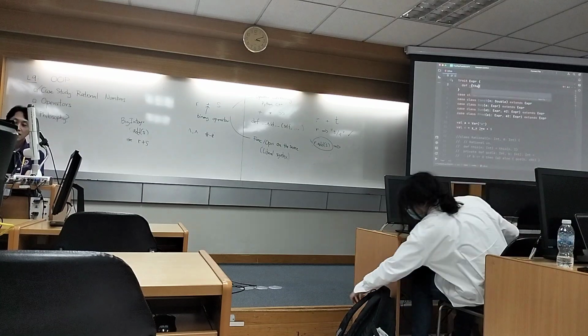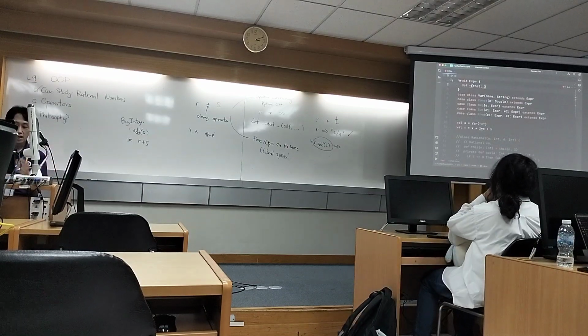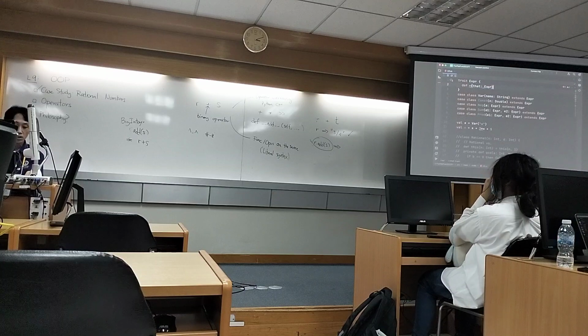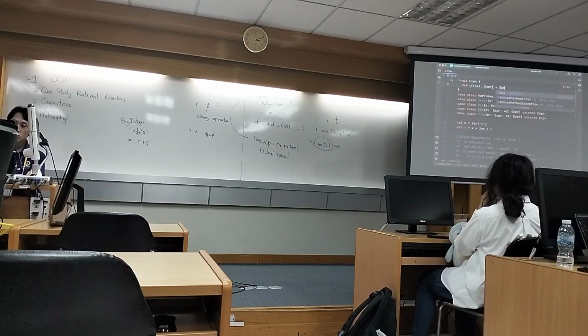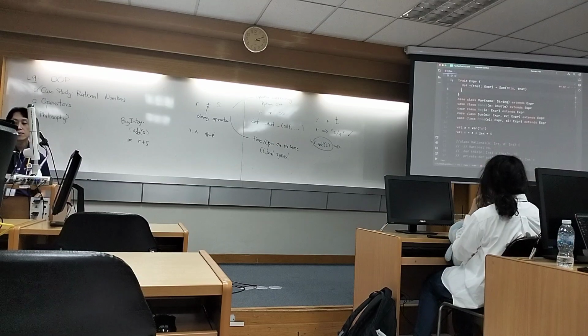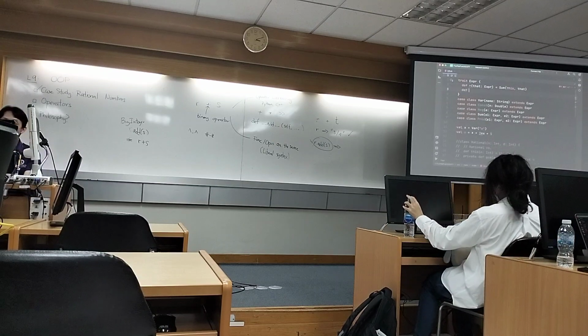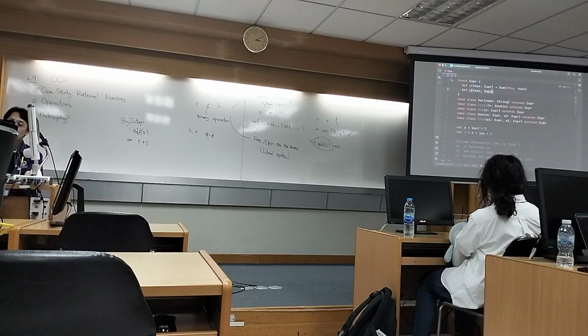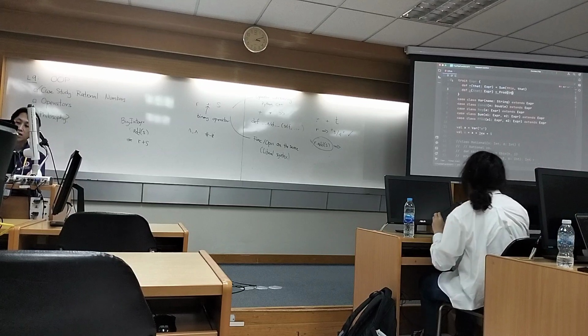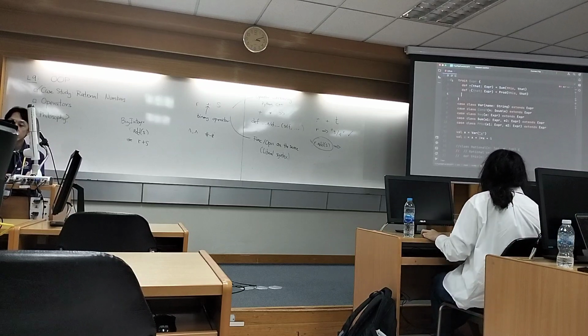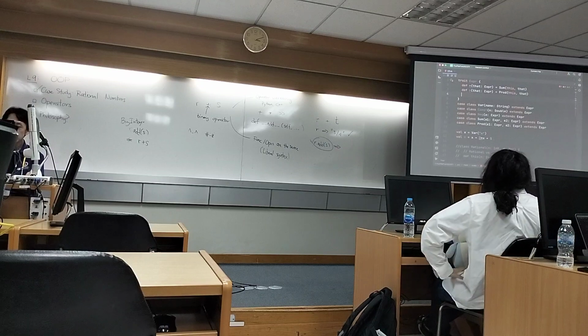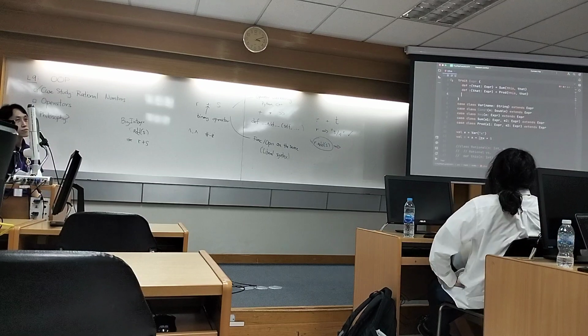If I have got an expr and I add that to another expression, this will be translated into sum of this and that. If I have star, I'm going to return prod of this and that. Good?